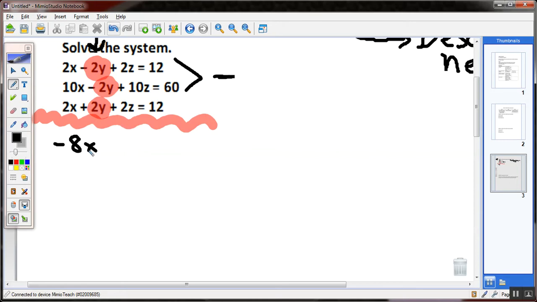How about 2z minus 10z? Negative 8z. And how about 12 minus 60, kids? How much? Negative 48. All right.